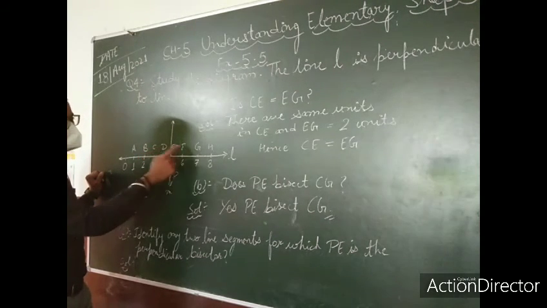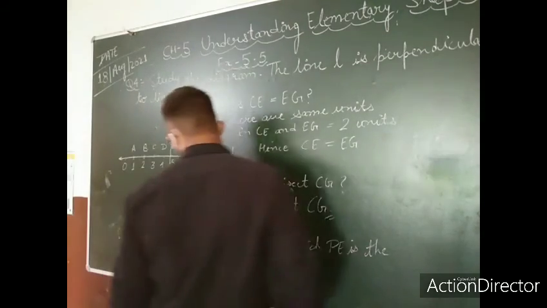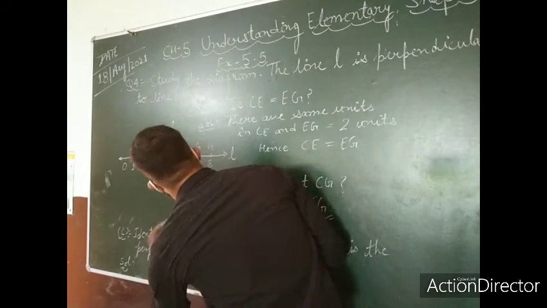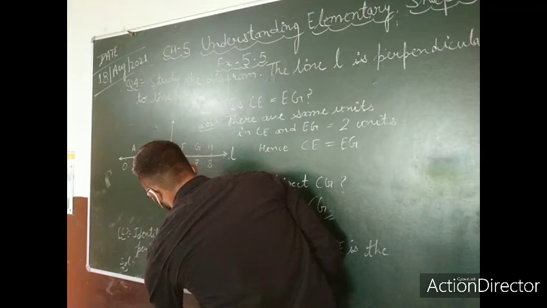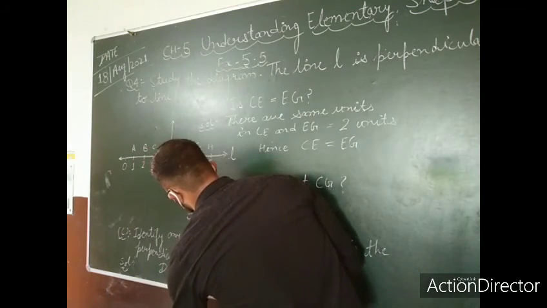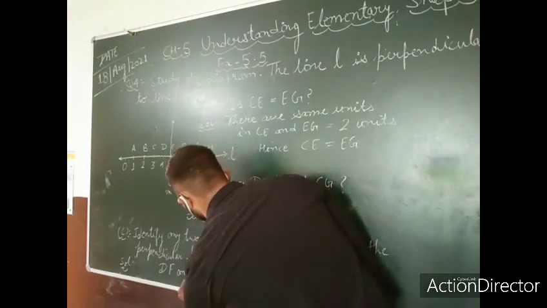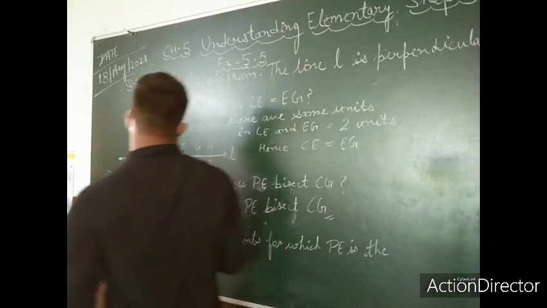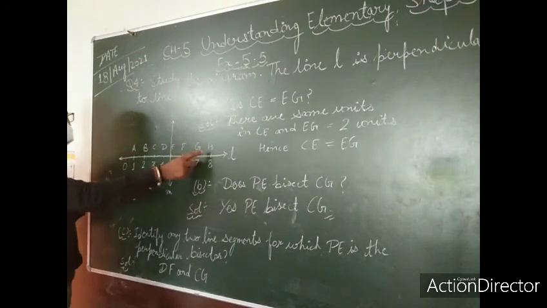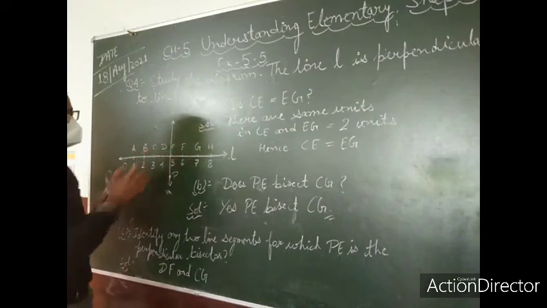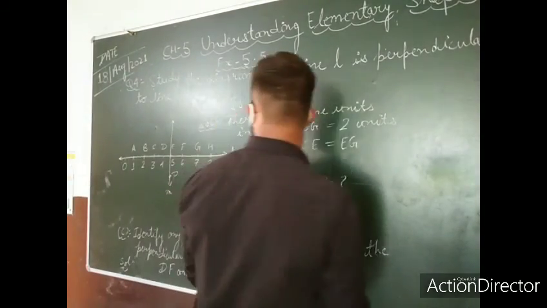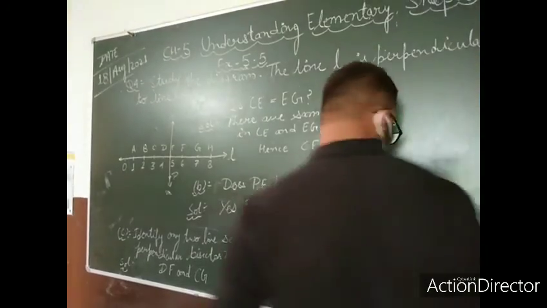So here we write these two line segments, DF and CG. And there are other examples also, like BH.